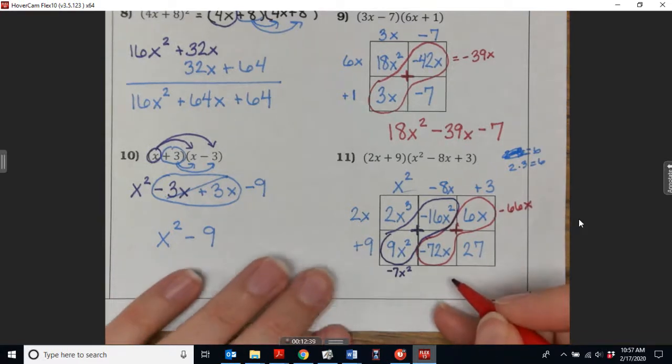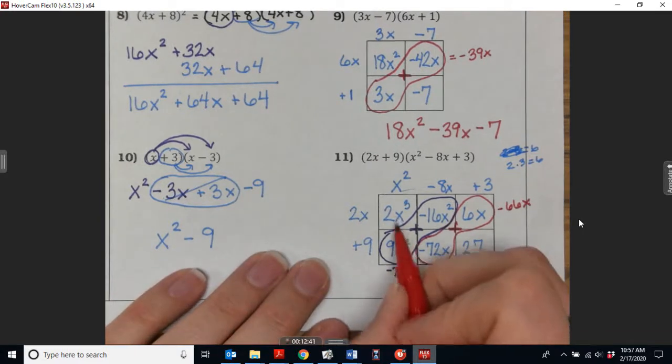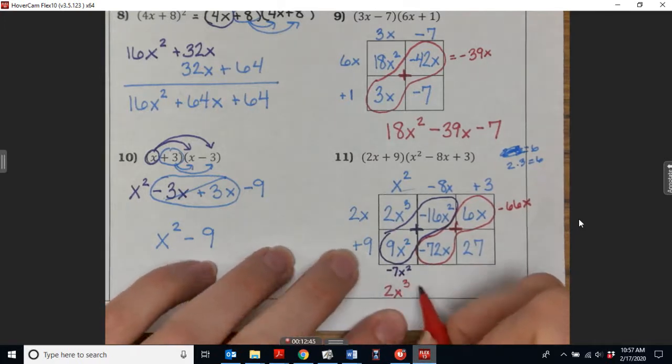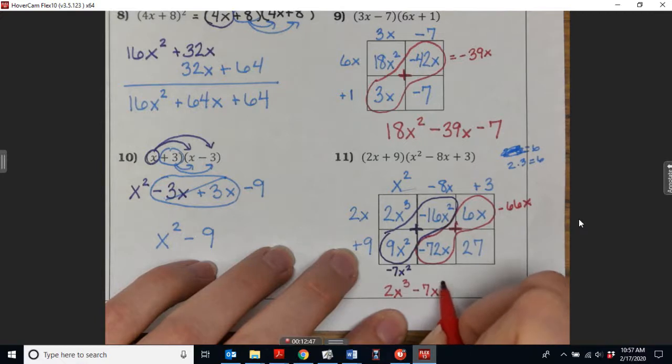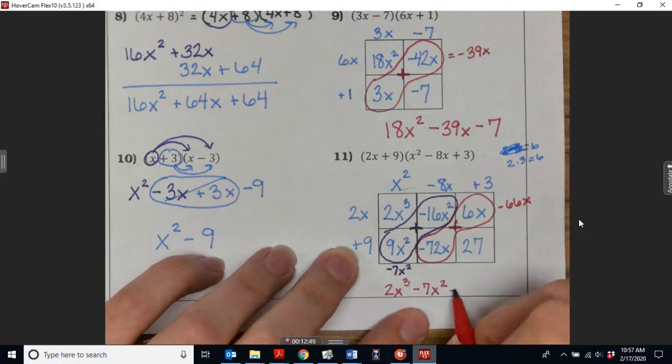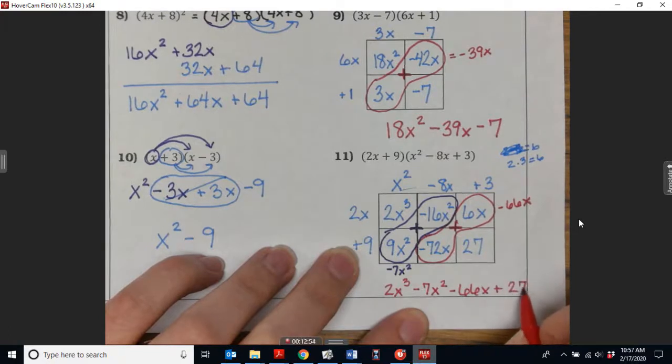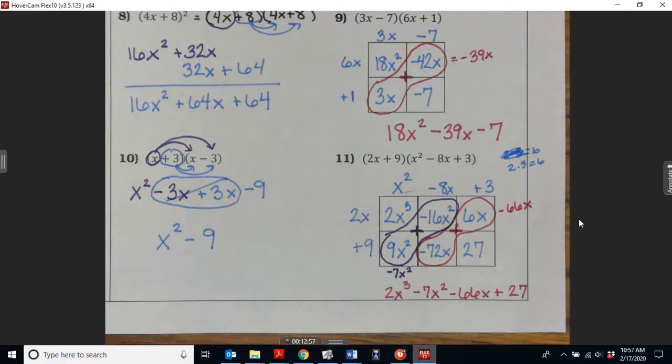And now I write out my final answer. First term, 2x to the 3rd power. Second term, minus 7x squared. Third term, minus 66x. And the last term, plus 27. Okay?